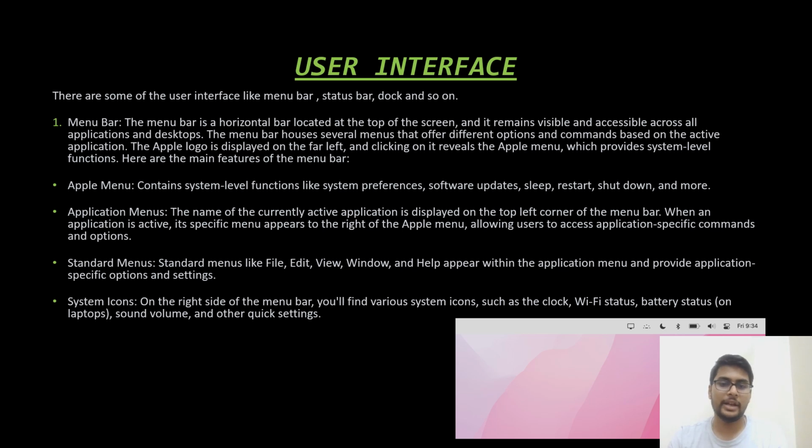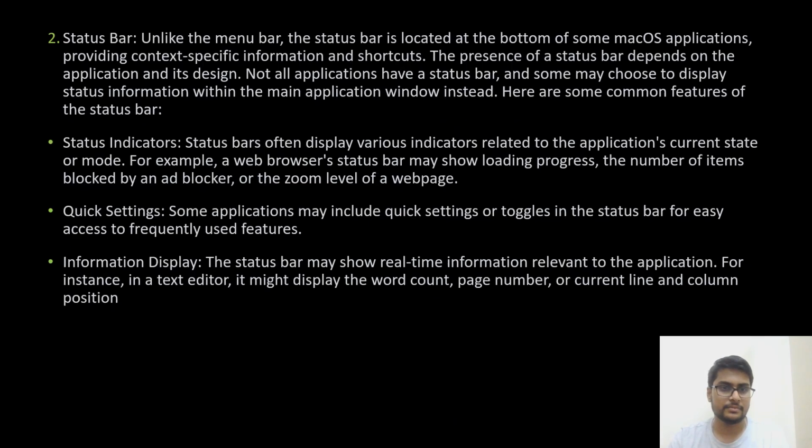Standard menus like File, Edit, View, Window, and Help appear within the application menu and provide application-specific options and settings. System icons. On the right side of the menu bar, you will find various system icons such as the clock, Wi-Fi status, battery status, sound volume, and other quick settings. This image shows the menu bar of macOS X.